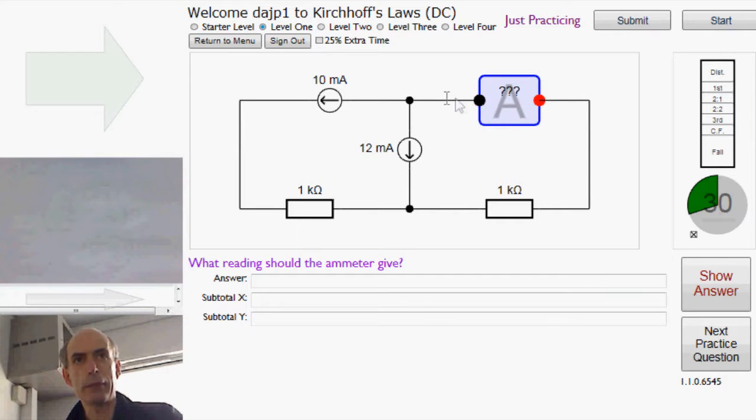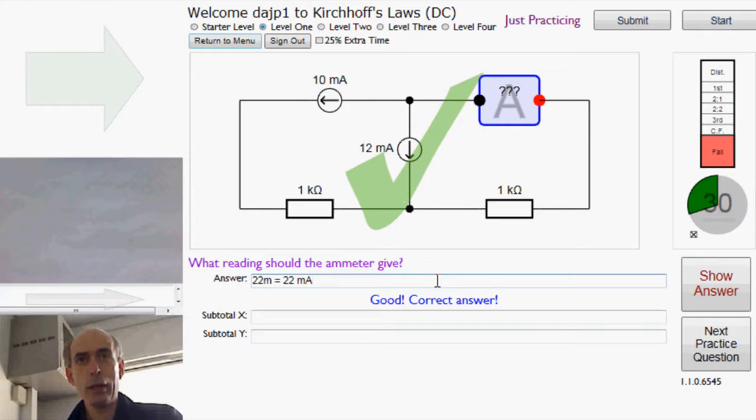That's fine. The total current flowing out of this node, where there's 10 milliamps flowing this way and there's 12 milliamps flowing down there, so the total current flowing out of that node is 22 milliamps. That must be equal to the current flowing into the node, therefore there must be 22 milliamps flowing in this direction through this ammeter. Ammeters measure the current from the red to the black, so it will be measuring 22 milliamps.